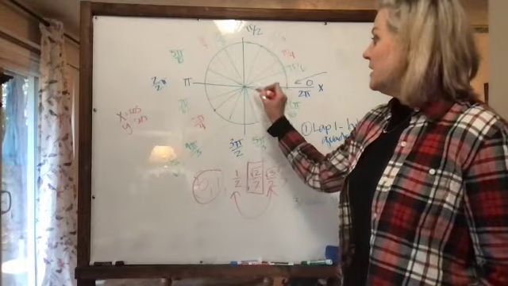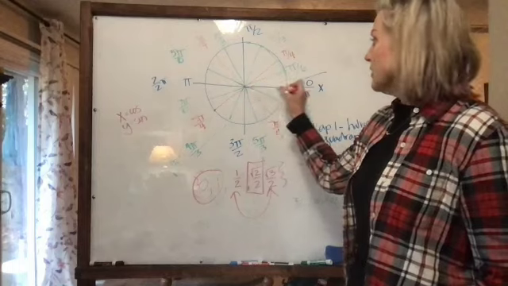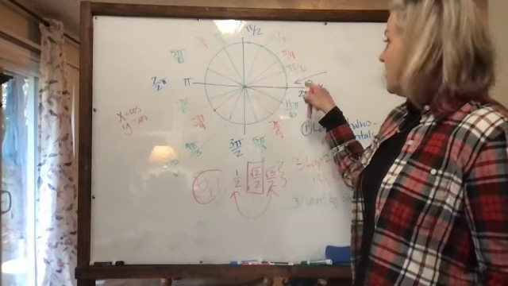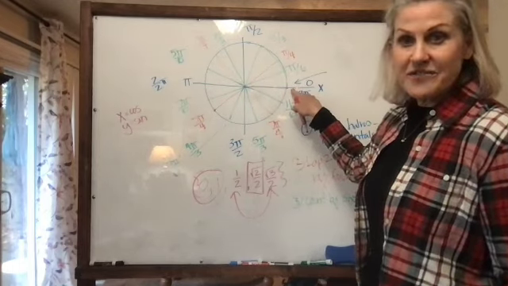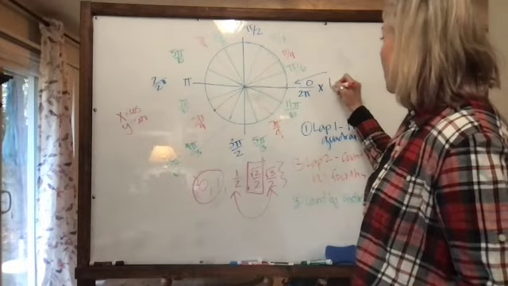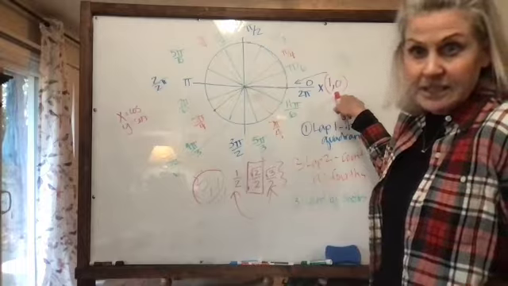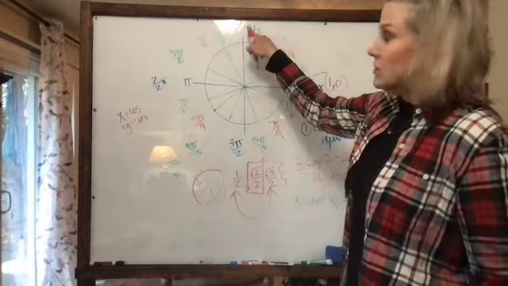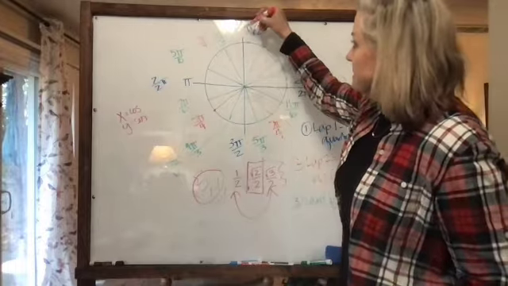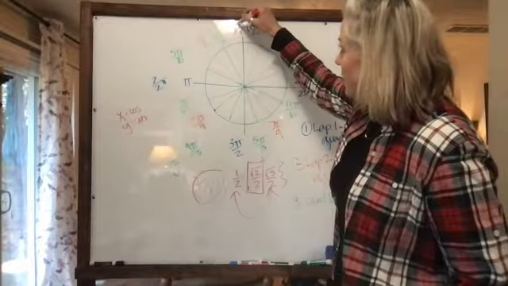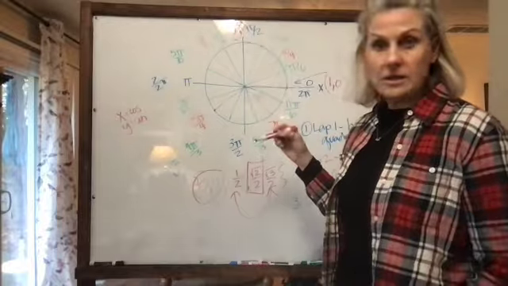Those are easy. If we start here at the center and we run out to here, that means the coordinates of this point are 1, 0. That's it. And up here, the coordinates are 0, 1.